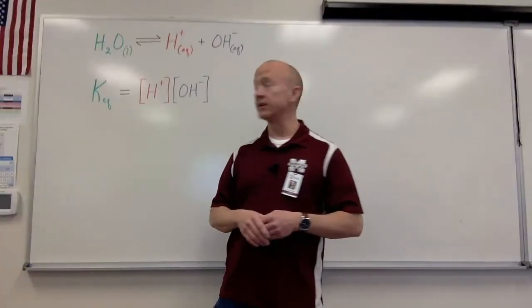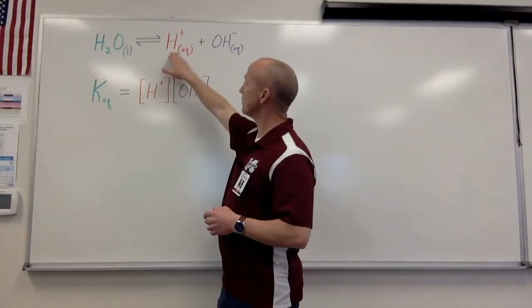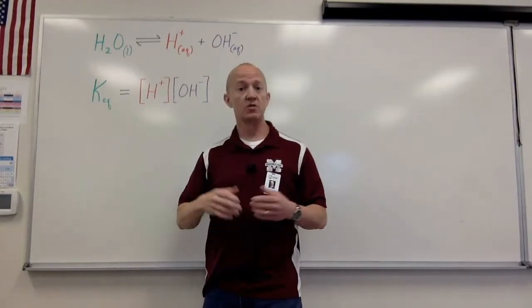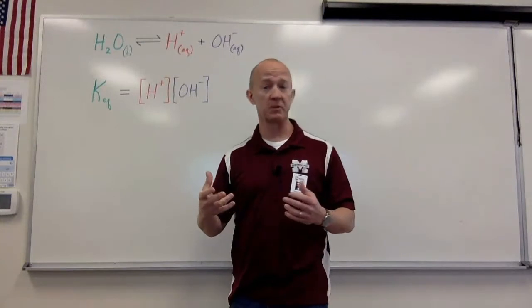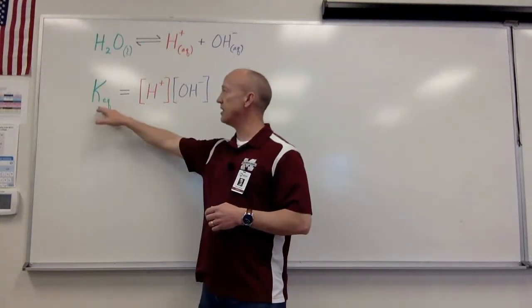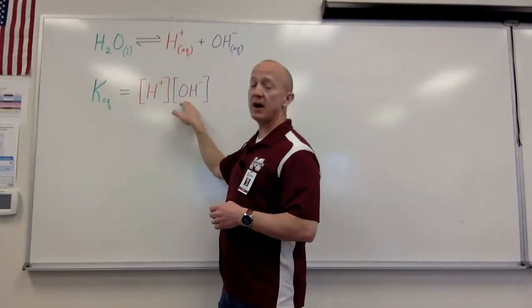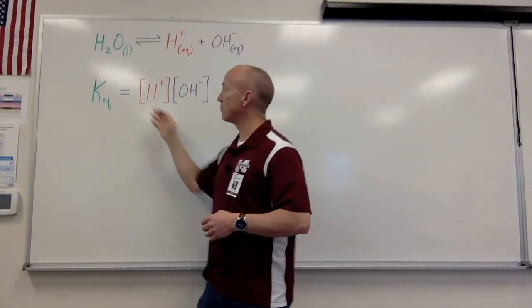We said previously that water will self-ionize, producing equal amounts of hydrogen ion and hydroxide ion. So if we're writing an equilibrium expression for this, we would say the KEQ is equal to the hydrogen ion concentration and the hydroxide ion concentration, our two products, divided by our reactant.